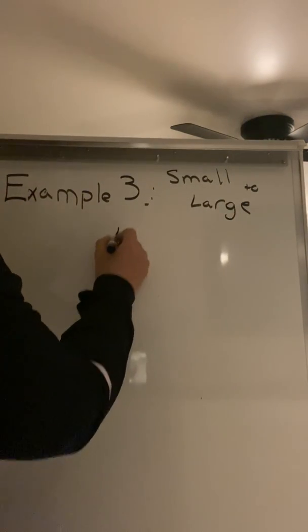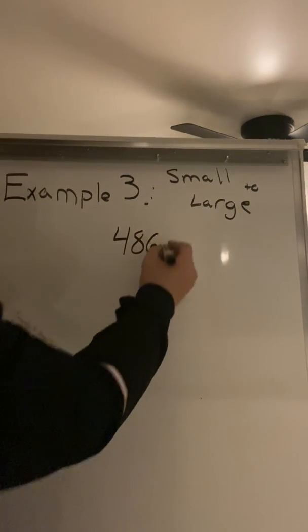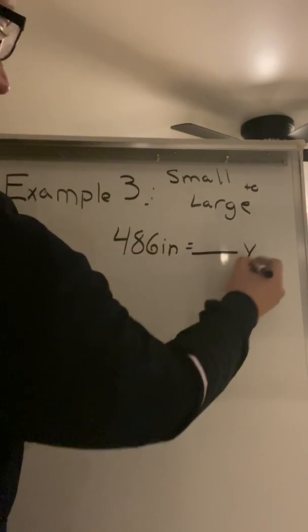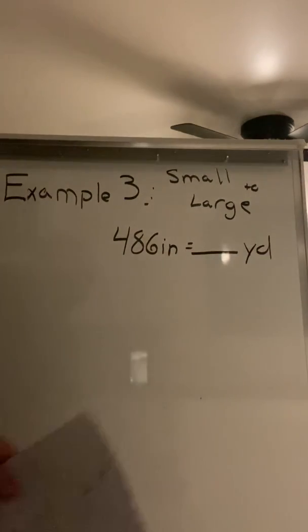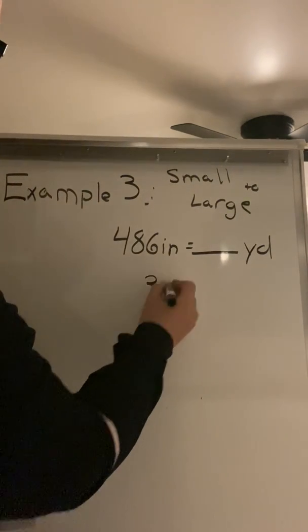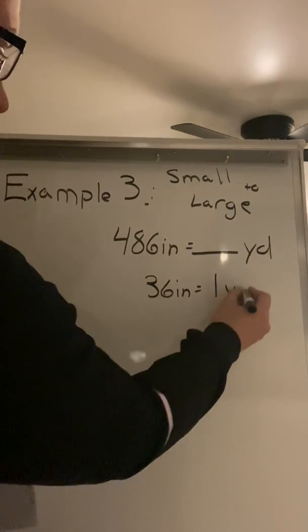So we have 486 inches equals how many yards? So if we go to page 490 again, we can see that 36 inches equals 1 yard.